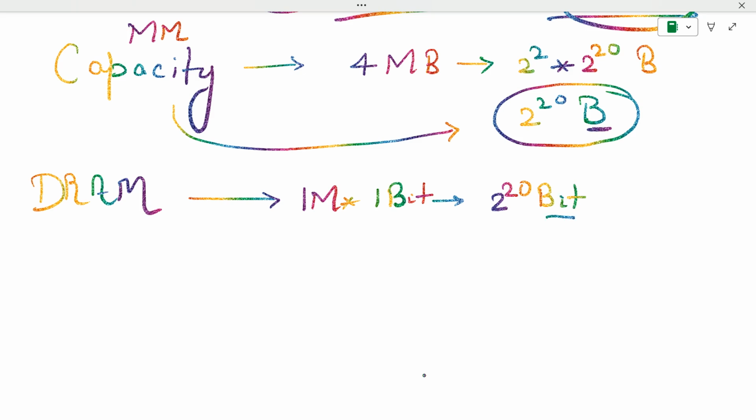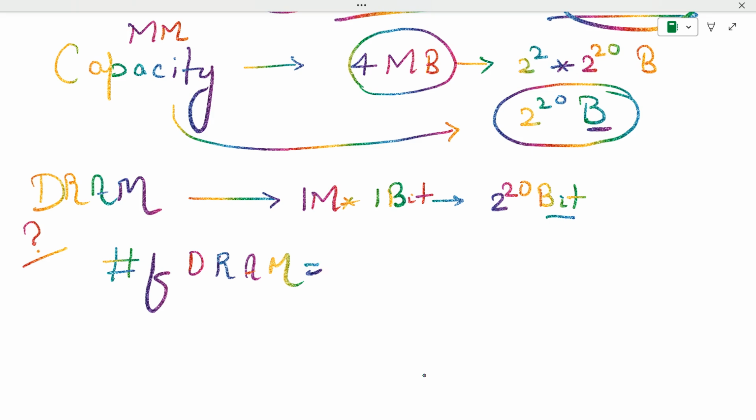Okay, now the first question comes: how many DRAM chips will be required to create this main memory with capacity of 4 megabyte? For that we have already seen in the previous video that the number of DRAM chips required will be equal to 2 raised to the power 20 into 2 raised to the power 3 upon 2 raised to the power 20 into 2 raised to the power 0.